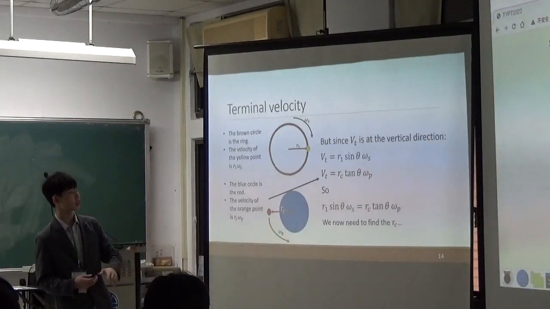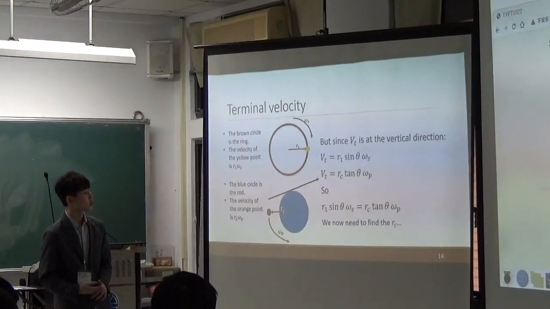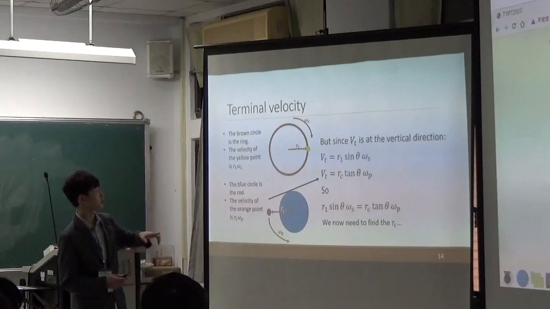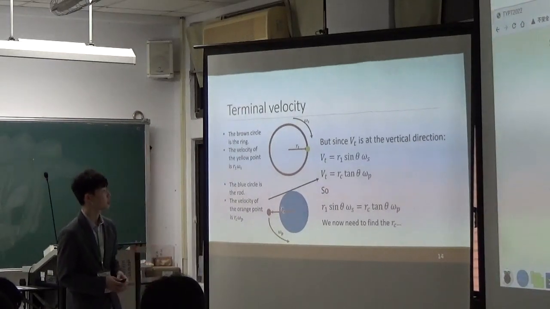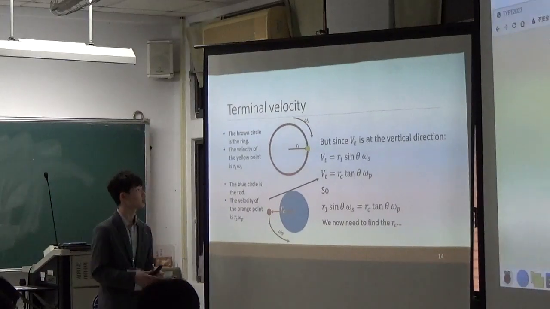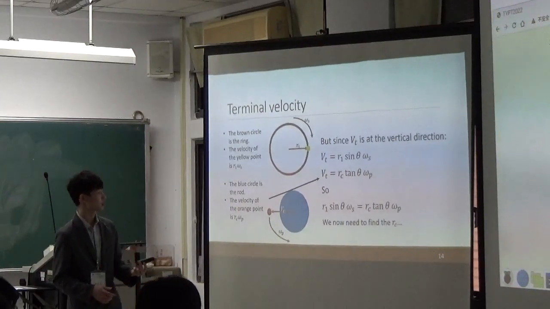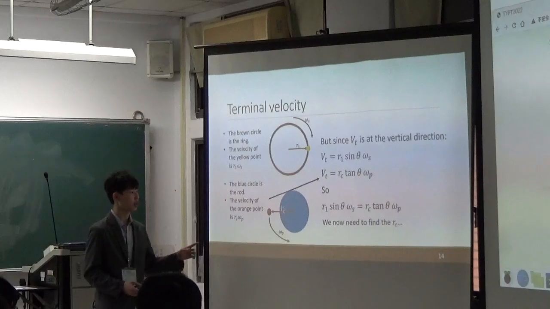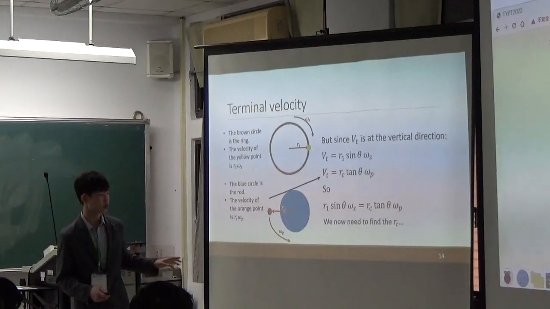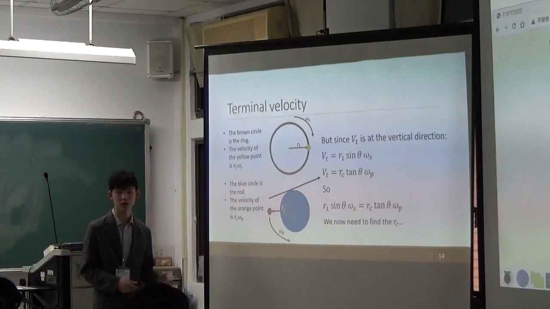Next comes the terminal velocity. We have 2 diagrams here. In the first diagram, the brown circle is the ring, and the yellow dot has velocity R1 omega s. The blue circle is the rod, and the orange point is the center of mass of the ring.